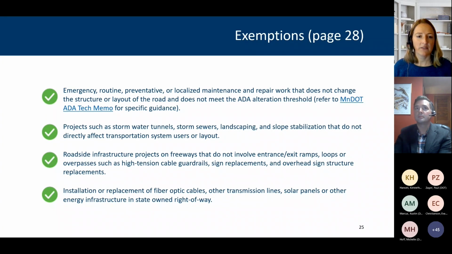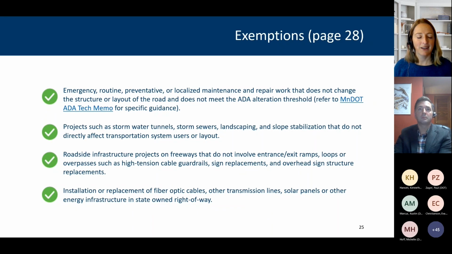The second category of exemptions, the projects related to stormwater, tunnels, storm sewers, landscaping. But again, any of those projects, as long as they are not directly affecting transportation users or the layout, then they're exempt. But if they are, then it needs to be reported on. The third category, any roadside infrastructure projects that basically aren't creating significant change.